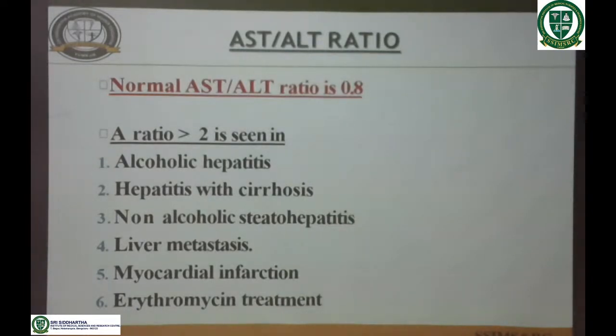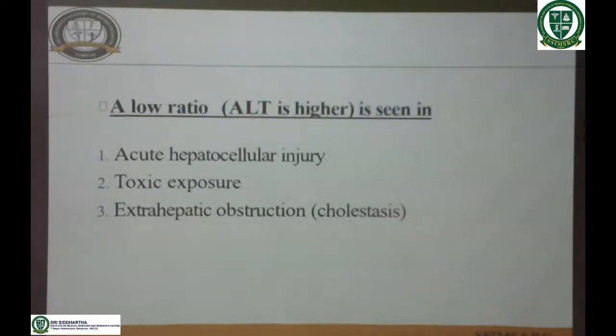If it is more than 2, it can be seen in myocardial infarction, liver metastasis, erythromycin treatment, hepatitis, alcoholic hepatitis. So in these conditions, the AST ALT ratio will be more than 2, but the reference normal is around 0.8.